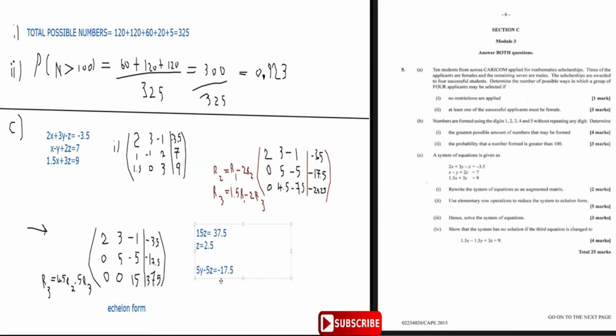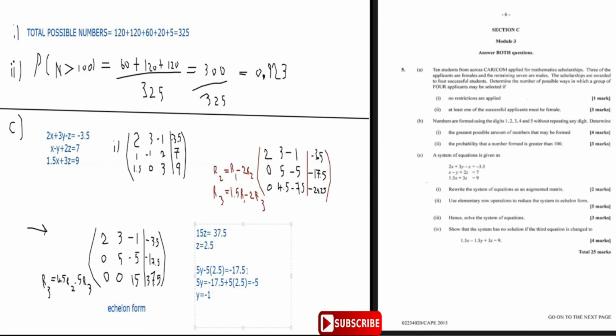Since z is 2.5, I can transpose to get 5y is equal to negative 17.5 plus 5 times 2.5. That is equal to negative 5, and so y is equal to negative 1.